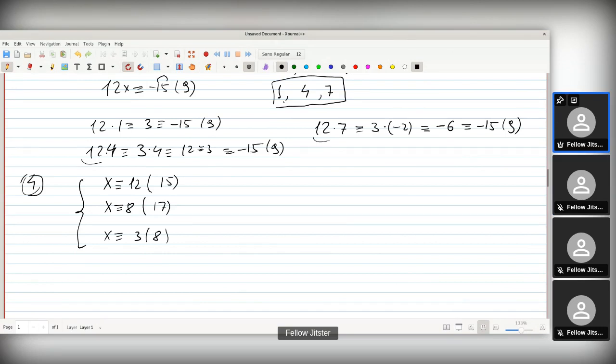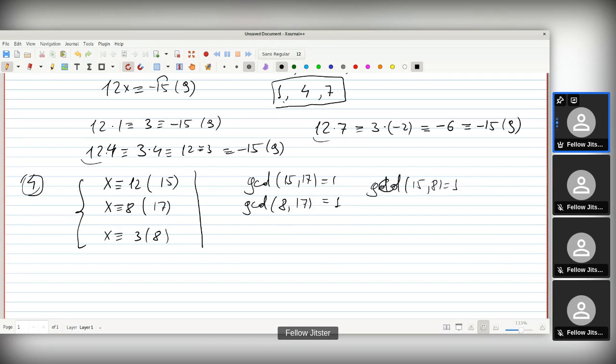So what does that theorem tell us? If such a system has a solution, if all the moduli are pairwise coprime. Yes, and they are pairwise coprime. Clearly, the greatest common divisor of 15 and 17 is 1, because 17 is a prime number. The greatest common divisor of 15 and 4 is also 1.